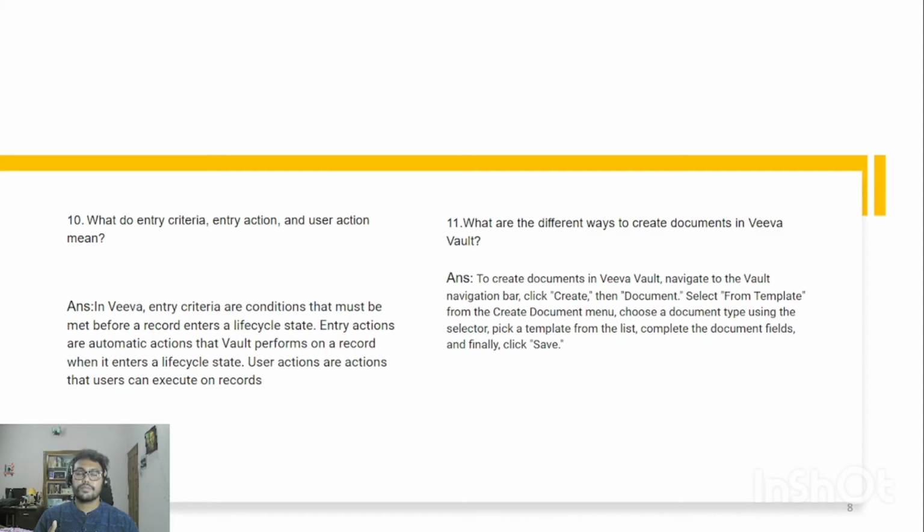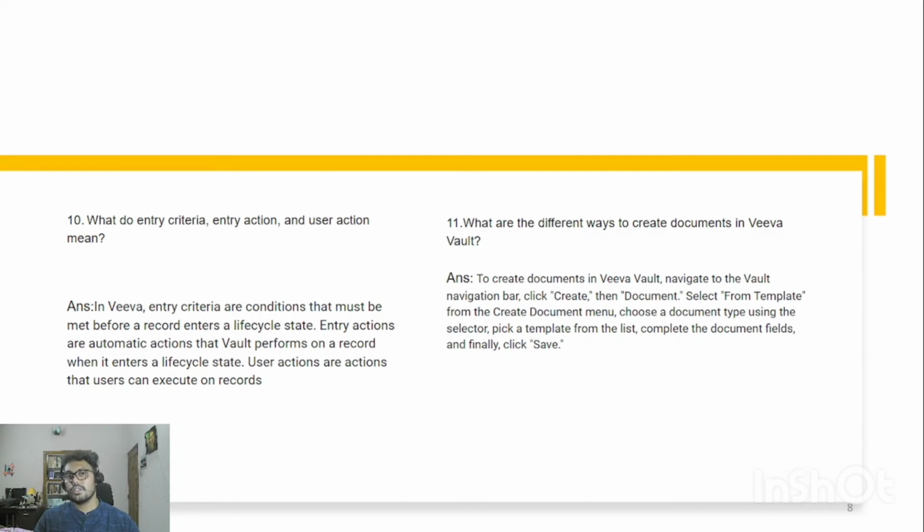Let's say after moving the lifecycle to the approved state for a certain document, that version will change from 0.1 to 1.0. That is also an example. And then user action means the options, the actions a user can perform, that can be executed on a record.